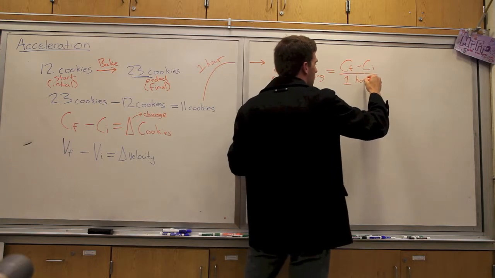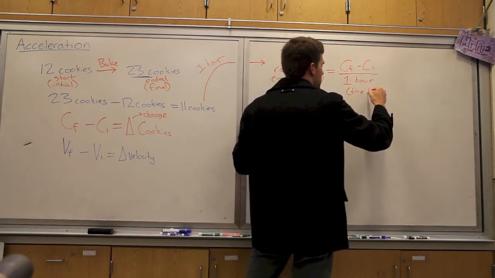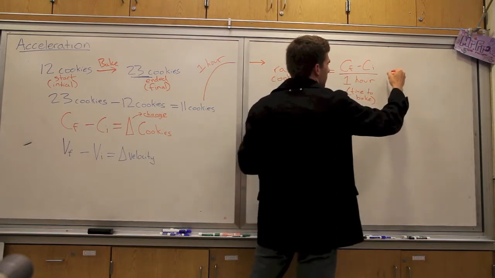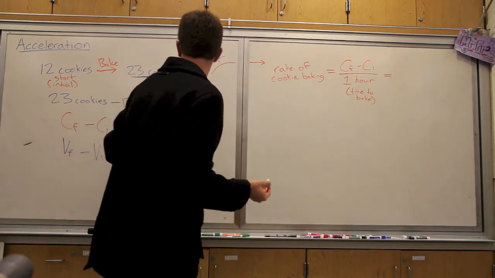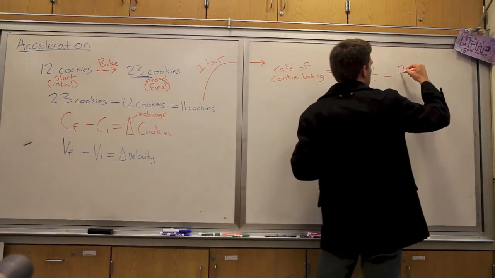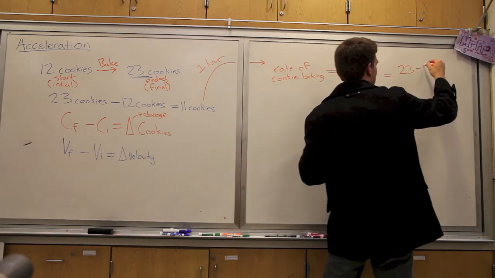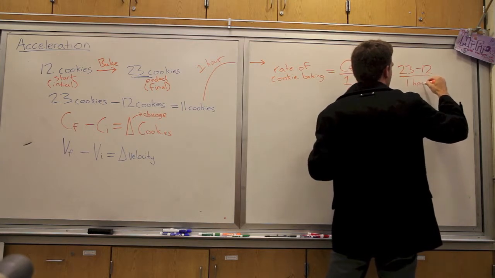Let's do 1 hour, which is time to bake. Cookies final minus cookies initial: we have 23 minus 12, it's 11 over 1 hour.